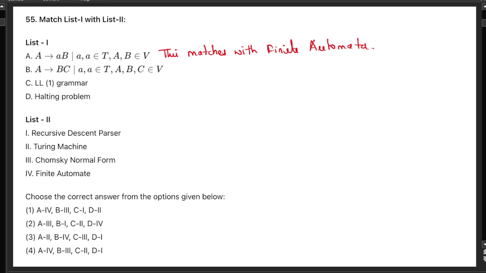So this matches with recursive descent parser.